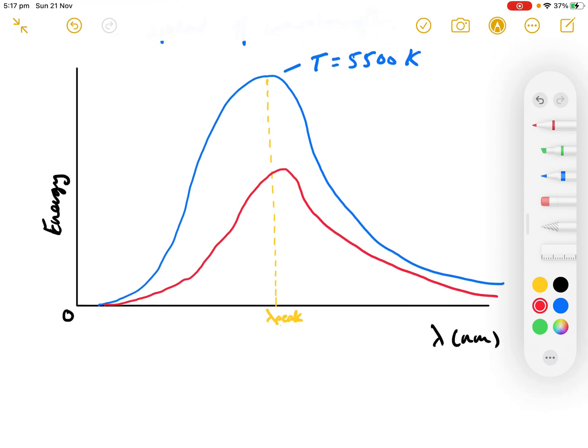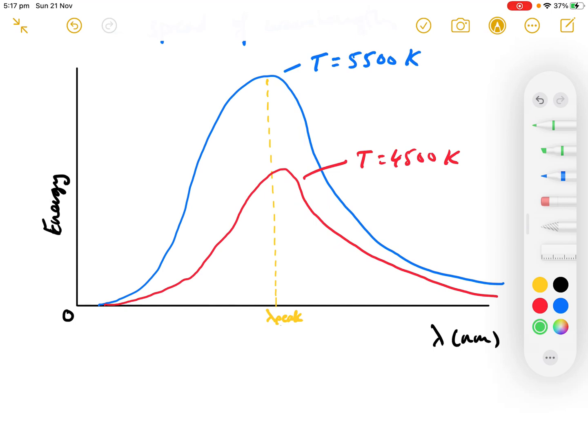Now, a couple of things to observe there. Well, this new curve is for a cooler star. That's cooler on the surface, 4,500 Kelvin. The temperatures at the core of the star are over 1,000,000 Kelvin. These are the surface temperatures.